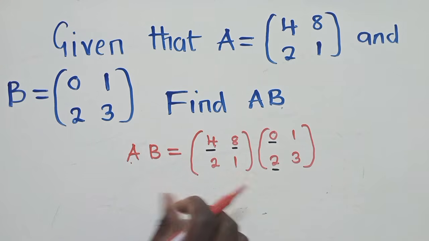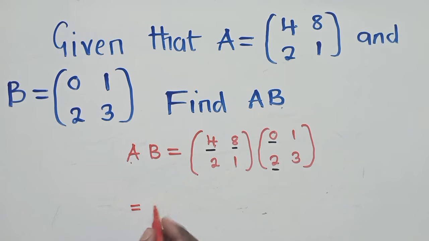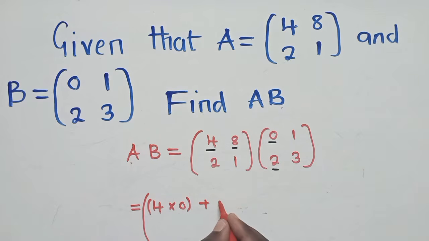Let me write it so that we follow all the steps. Equal to 4 times 0, these move together, and then plus 8 times 2.